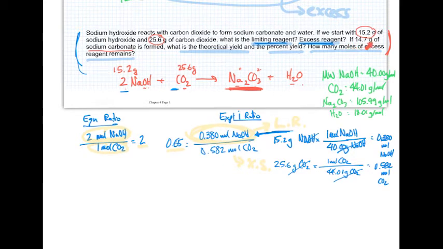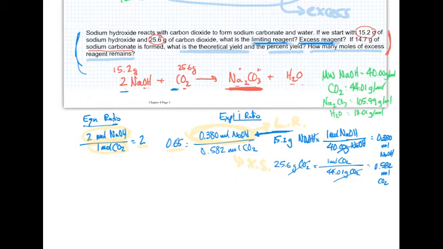If 14.7 grams of sodium carbonate is formed, what is the theoretical yield? What is the percent yield? So the theoretical yield means how much sodium carbonate can I form if I start with 0.380 moles of sodium hydroxide, or actually 15.2 grams of sodium hydroxide. All right, so the first thing we're going to find is how much of that sodium carbonate can we actually form.